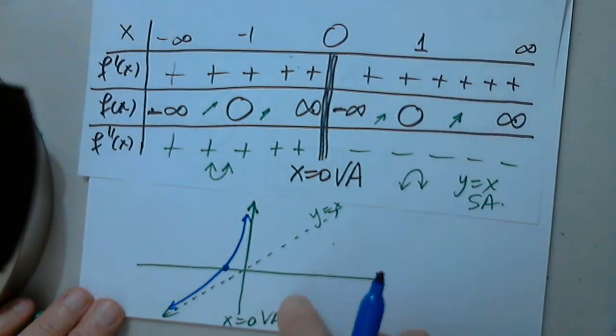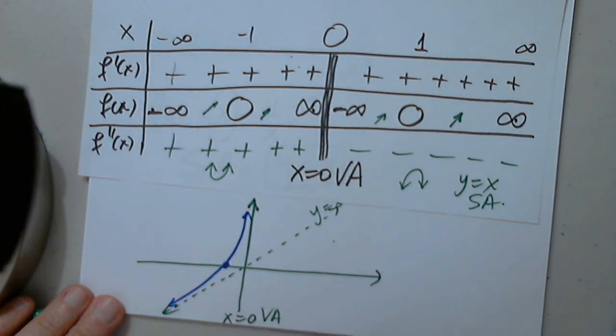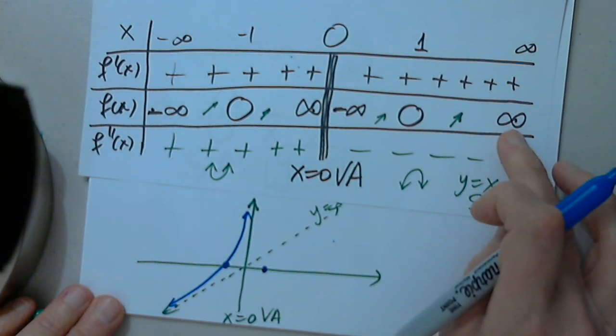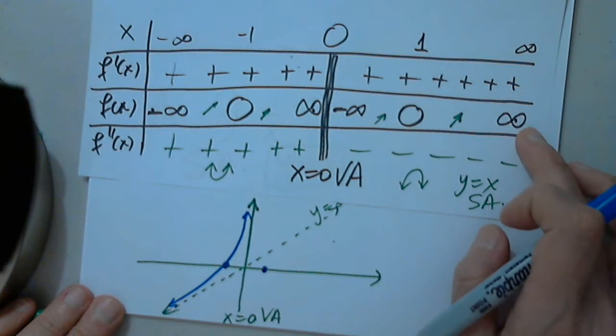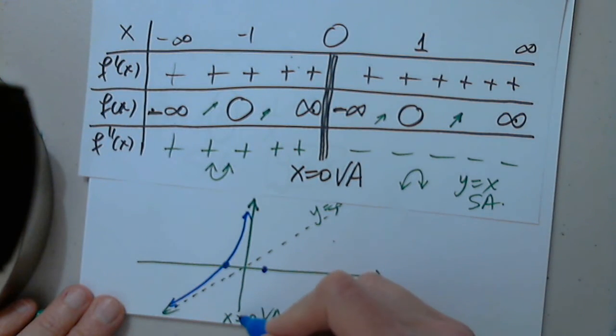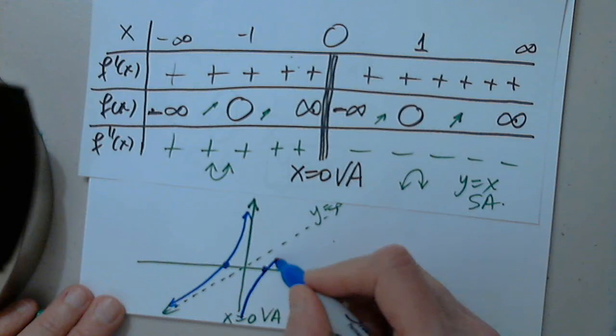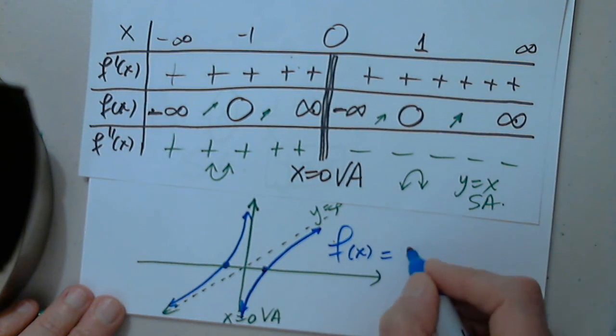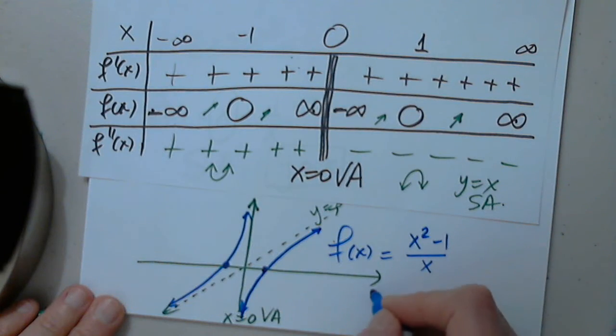On the other side, coming from negative infinity, cross at 1, 0, and approach the slant asymptote. We say asymptotically, getting closer and closer to the slant asymptote. Okay. And this is the graph of f of x equals (x squared minus 1) over x.